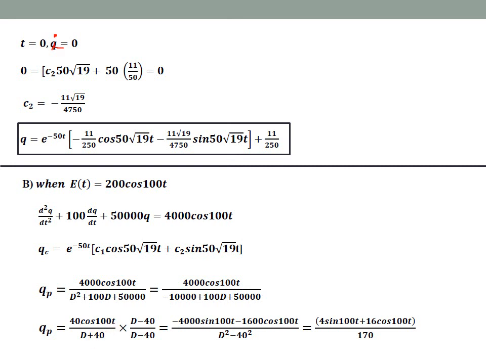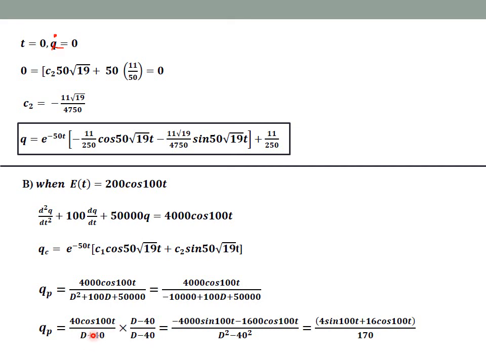Next, when I simplify this, I have simplified as much as possible because these zeros will always create a problem. I am getting 40 cos 100t divided by d plus 40. Even you try to simplify it, then it will be easy for you to write the final answer.